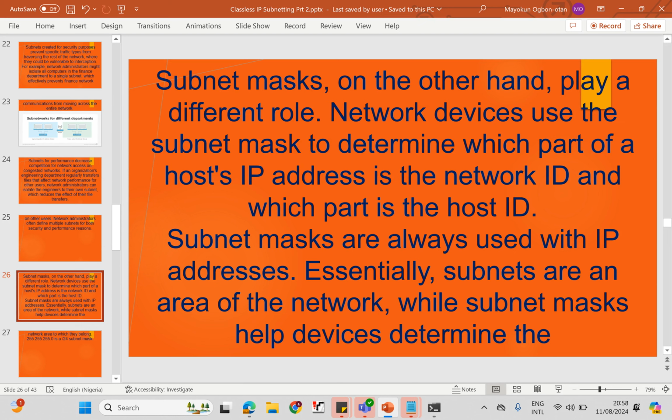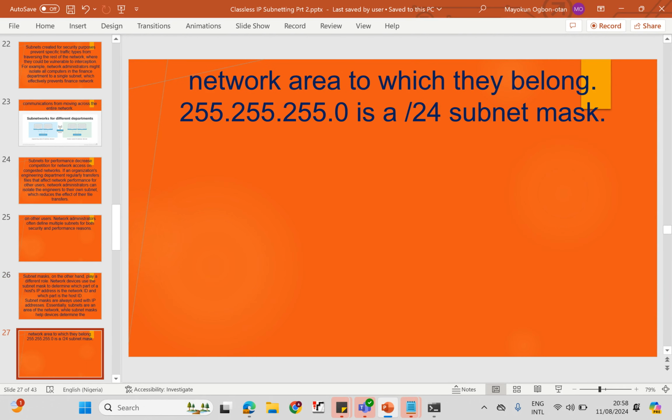Subnet masks are used with IP addresses. Essentially, subnets are an area of the network, while subnet masks help devices determine the network to which they belong.